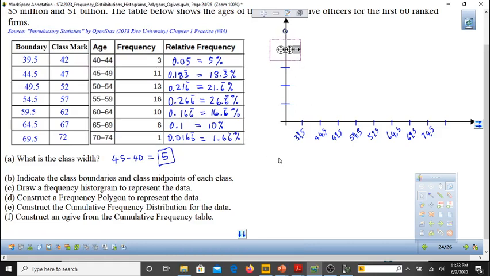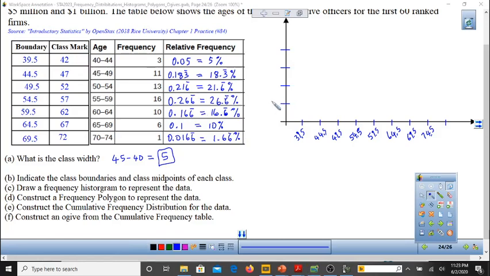And what I've done is I've created the heights of this histogram, and each of these bars is 5 units apart. So that's 5, that's 10, that's 15, and that's 20. And this is the frequency.